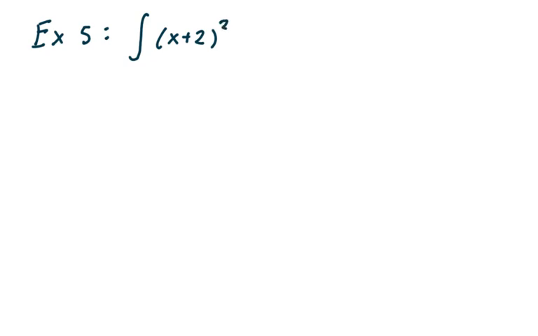So if I have x plus 2 squared, and I want to multiply by x plus 1 to the 20th, and integrate that, what would you do? This is a fantastic question. Absolutely fantastic. And it will be really interesting what you would choose for u. It's a u substitution problem.